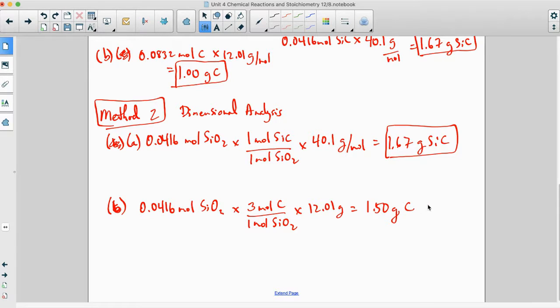And this is what is used. Initially, we have 2.50 grams of carbon. So if we subtract off the 1.50 grams, what is left over is 1.00 grams of carbon left over.